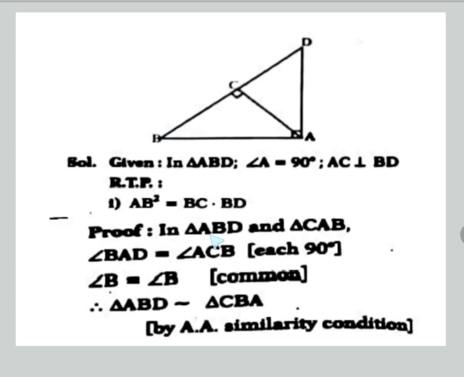Proof. In triangle ABD, this is the big triangle BAD, and CAB is another one.